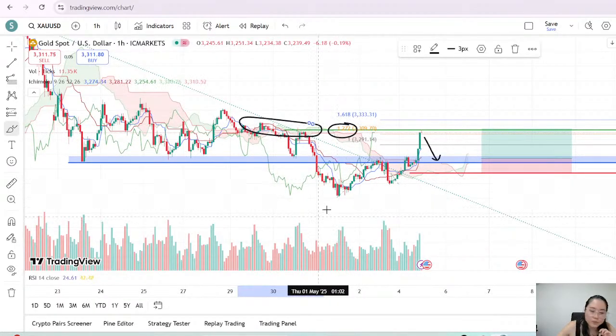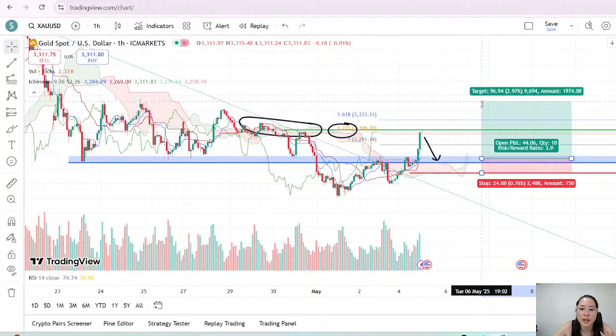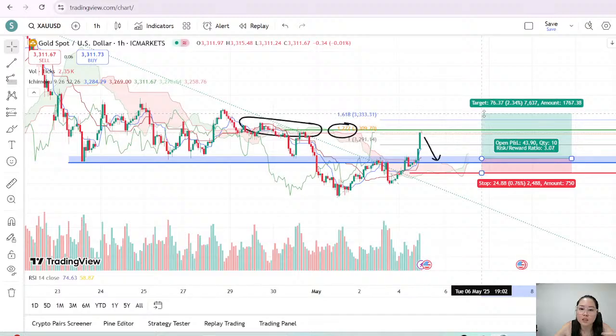All good. So we're looking at a 1 to 2 trade. It's not great because usually I take trades that are at least 1 to 3 and above, but it's just an analysis, right? So it's just something that I might consider.